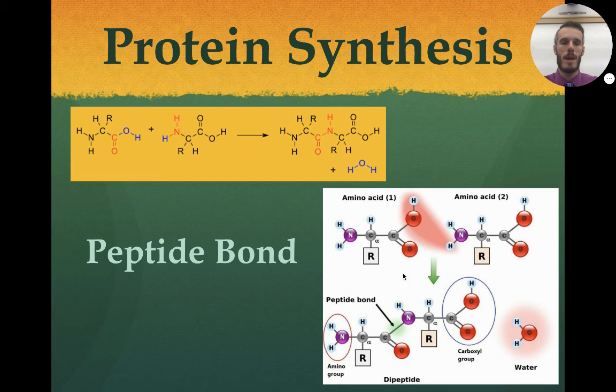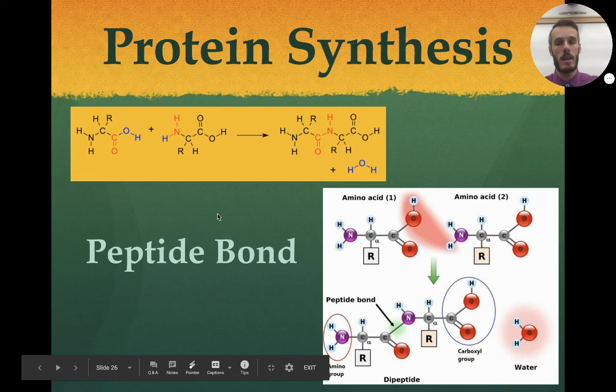Okay, so peptide bonds occur between amino acids. Again, look, OH and H. This is an anabolic reaction. This is dehydration synthesis, because these are going to get pulled off to release a water molecule. And then we can go to the next amino acid in the chain. So peptide bonds, these are anabolic reactions.